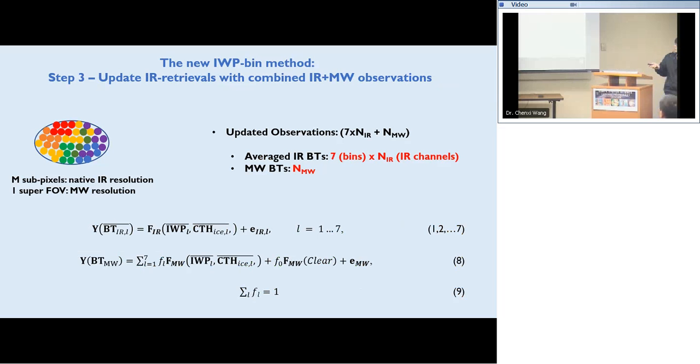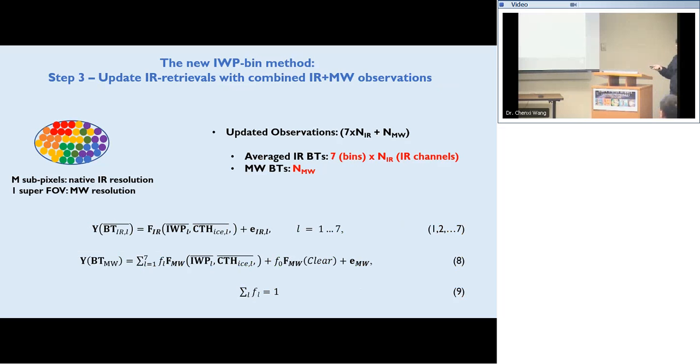Then we can update the infrared retrieval with combined infrared plus microwave observations. This time we have the average infrared brightness temperature for the 7 beams, times the number of IR channels, and the microwave observation for the whole domain. This time we can write the closed equations like this.